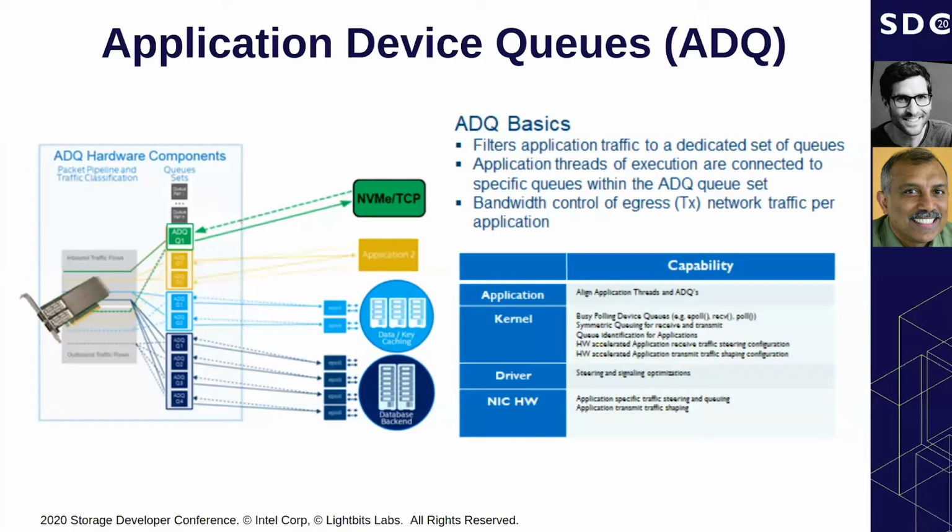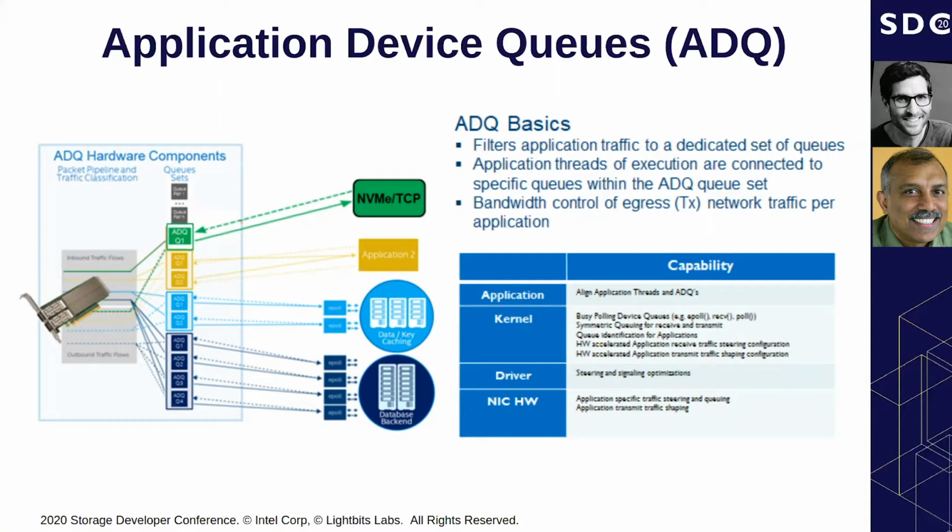With ADQ, you essentially reserve a queue set for an application. The identity of the queue is passed all the way up to the application. So which queue pair to select within a queue set is optimized such that you have a single producer consumer model between an application thread and the selected queue.